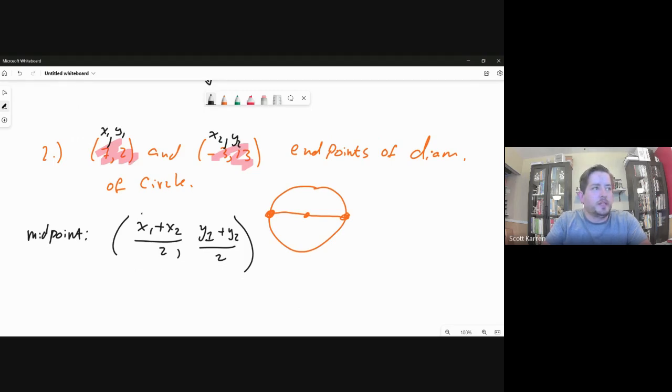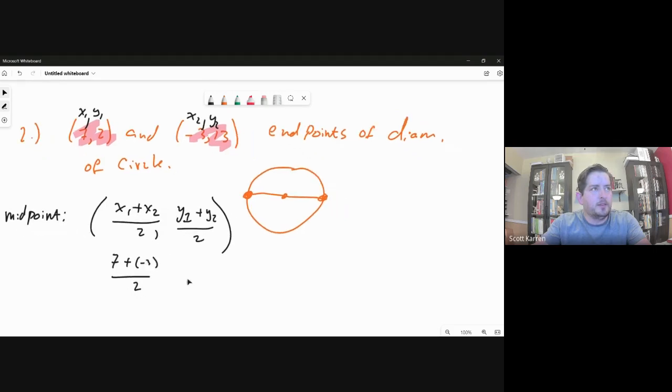And we just add those together. x1 plus x2 is 7 plus x2 is -3, so I'll write it plus -3 all over 2. And then I'll do the same thing with my y values. y1 is 2, plus y2 is 13, and I divide that by 2.